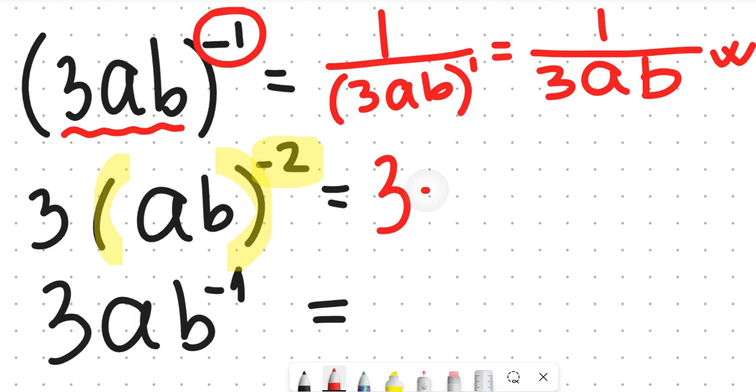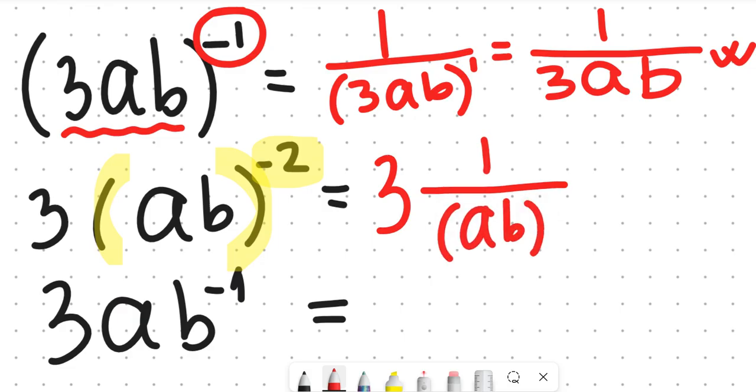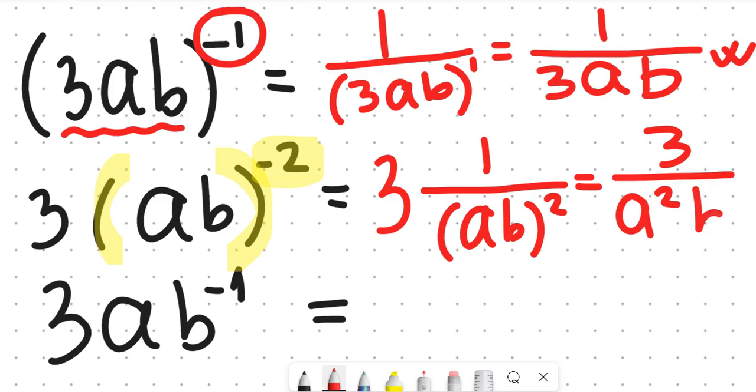Then we say ab to the negative 2 becomes 1 over, and then we have a and b to the power of positive 2. Now, since 3 is in front of the fraction, you can always move it up so that we have it in the numerator. Then the denominator becomes a to the power of 2, a squared, b to the power of 2, b squared. With this, we are done.